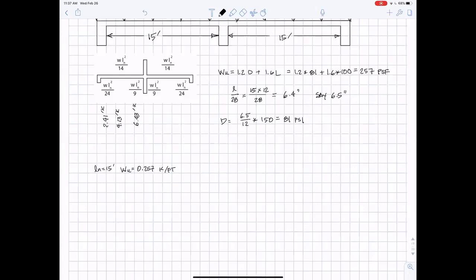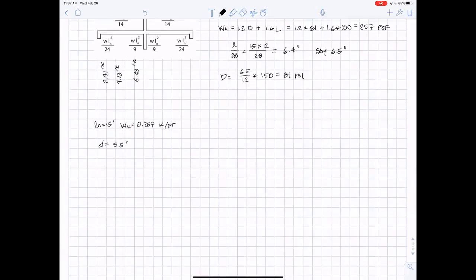Next, let's check if this D is reasonable, if the thickness is reasonable. So D is 5.5 inches. And let's make sure that will be below rho max. In the end, I think we might be close to rho min, but let's check rho max.